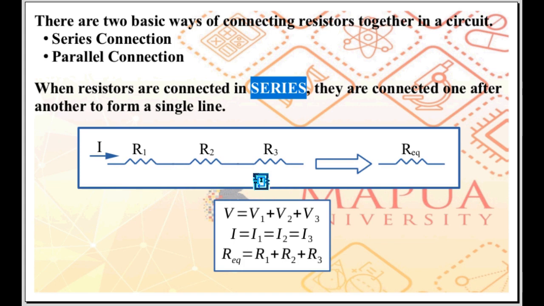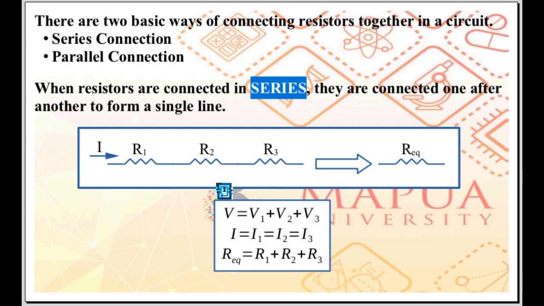Ohm's law tells us that if a current passes through a resistor, there's a voltage associated with that. V is equal to I R. So we have V1 is equal to I1 R1, V2 is equal to R2 I2, and V3 is equal to I3 R3.